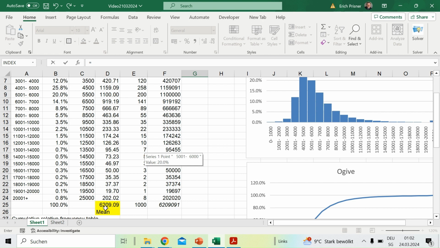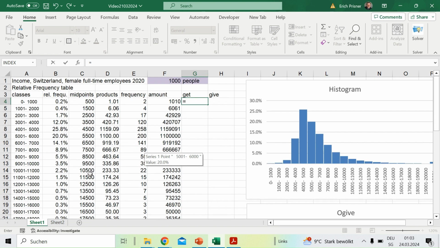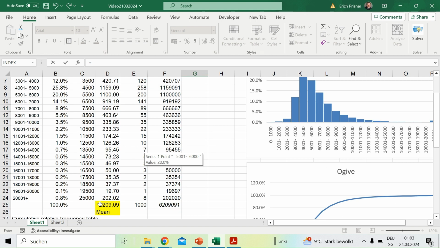So how much will each person get? Well, each person gets the difference between 500 and 6,209. But because we have two people, we have to multiply it by two.